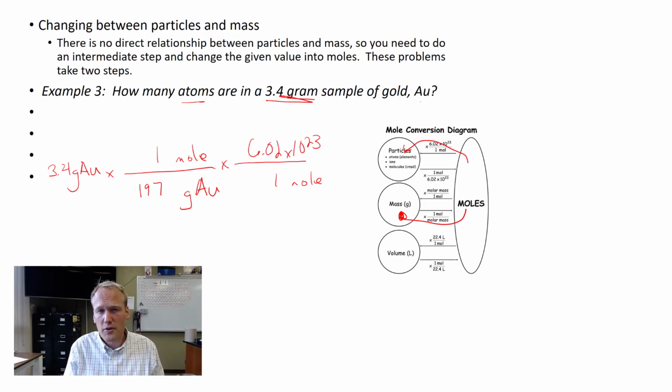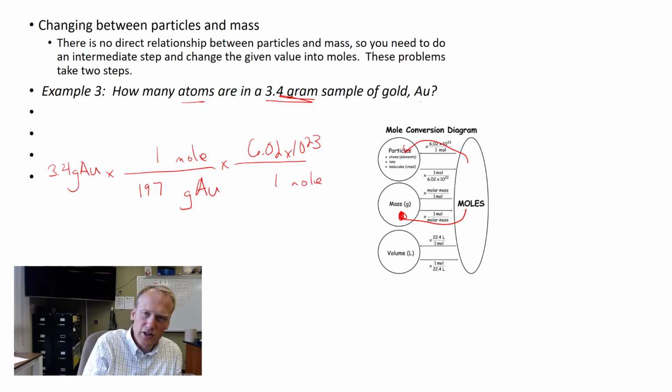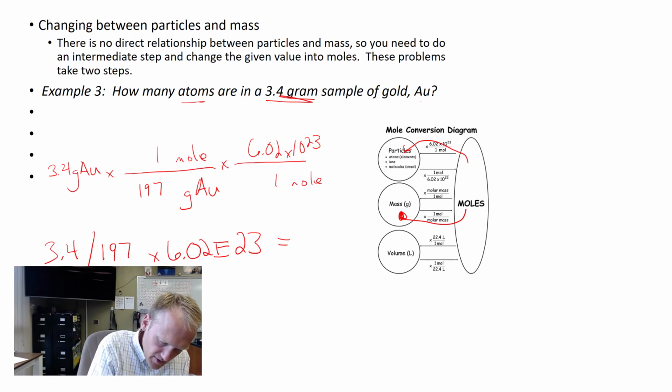The way we'd put that into our calculator is 3.4 divided by 197 times 6.02, then we'd hit the EE button, and then 23. That gives us 103 times 10 to the 22nd, and that would be atoms of gold.